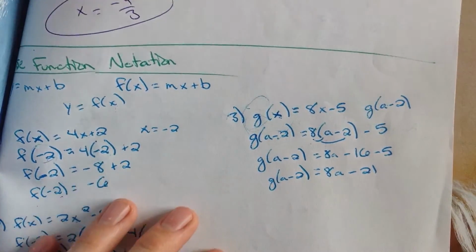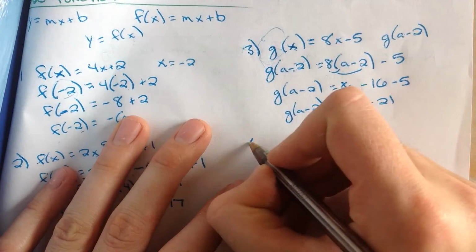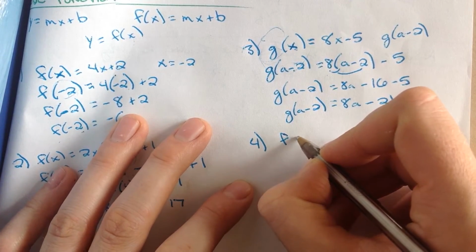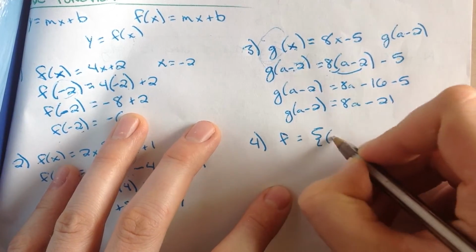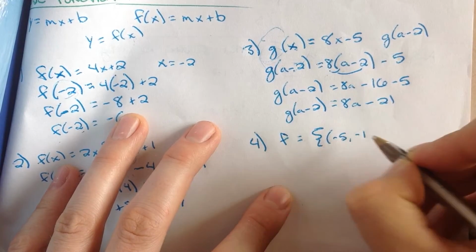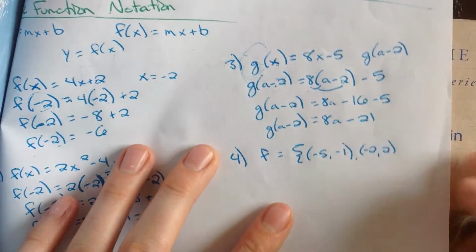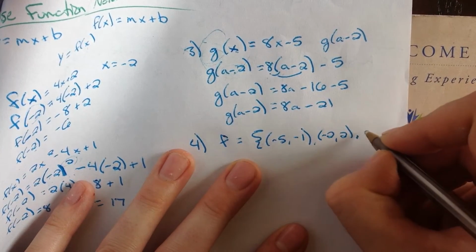We can do the same thing given, say, a list of points. So if I'm given, for example, that my function is equal to this list of points: negative 5, negative 1; negative 3, 2; and negative 1, 4.